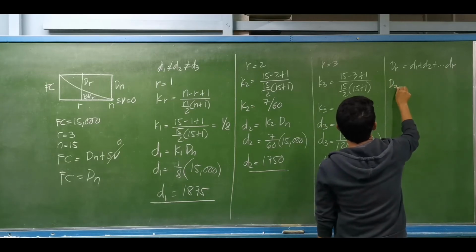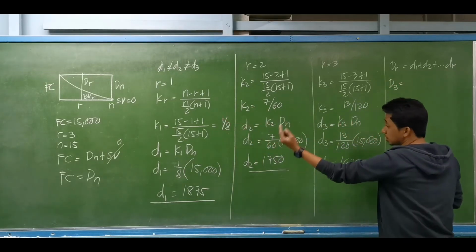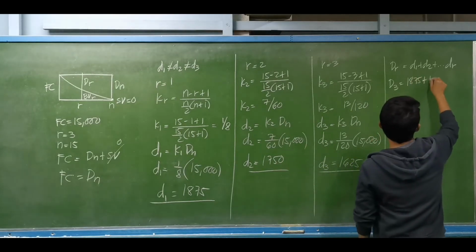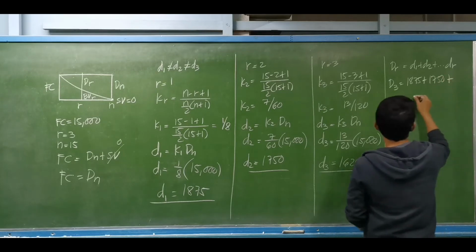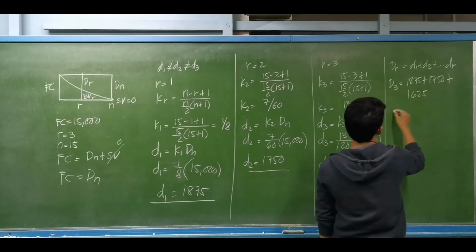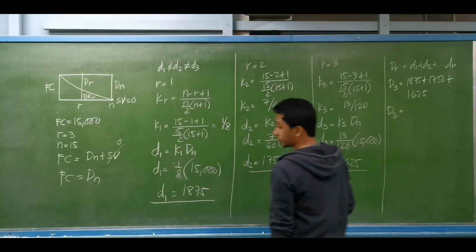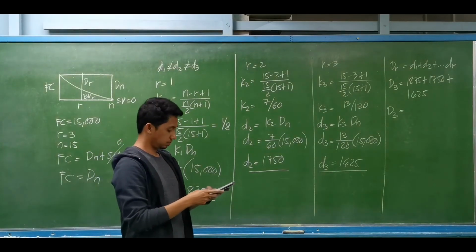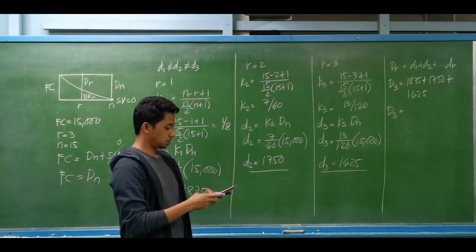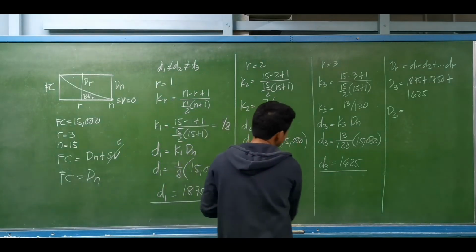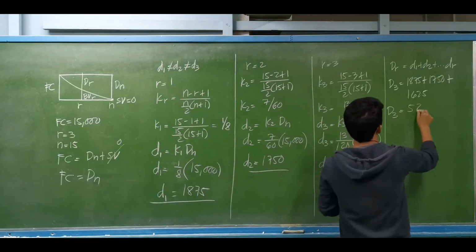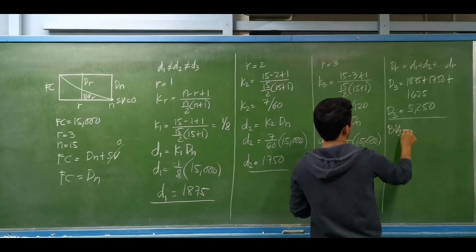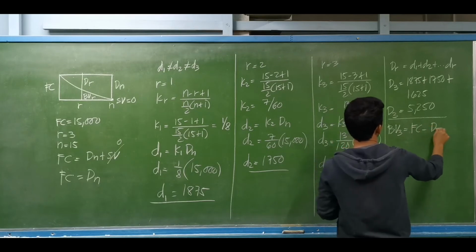So this is the accumulated depreciation on the third year: d1 1,875, plus d2 1,750, plus d3 1,625. The accumulated depreciation on the third year is equal to 5,250. So to compute the book value on the third year, it equals first cost minus the accumulated depreciation.